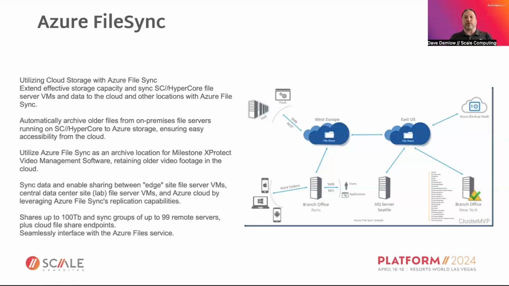Then you can optionally enable the archiving piece based on certain policies, like when my on-prem file server reaches a certain capacity, say it's 80% full, it can take the oldest files or largest files and stub them out, so they are still visible in their location but actually take up 0 bytes of storage. If something accesses them, they'll be automatically retrieved from Azure storage without anyone taking intervention. It'll just take a little longer to access those. So there are a lot of unique capabilities and applications for using Azure File Sync.